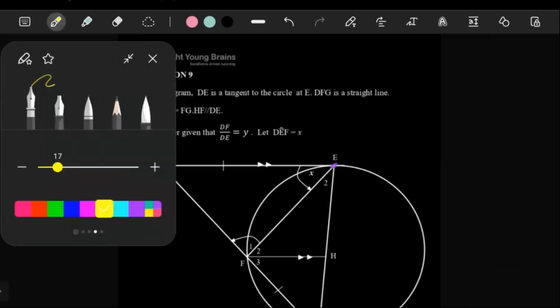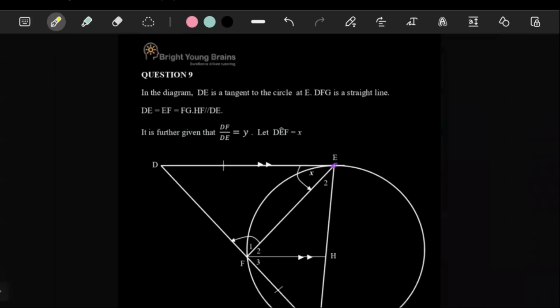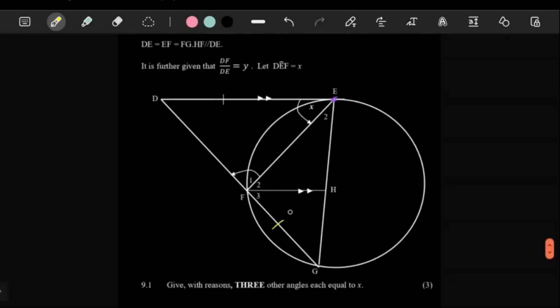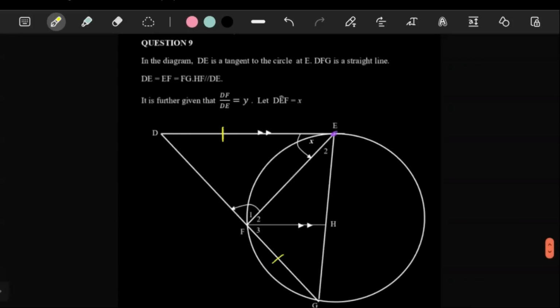And then it says DFG is a straight line, and according to the sketch, these are equal. Okay, interesting. And then they told us that DE is equal to EF, fine.